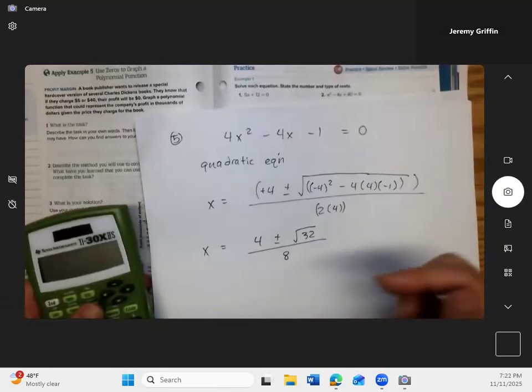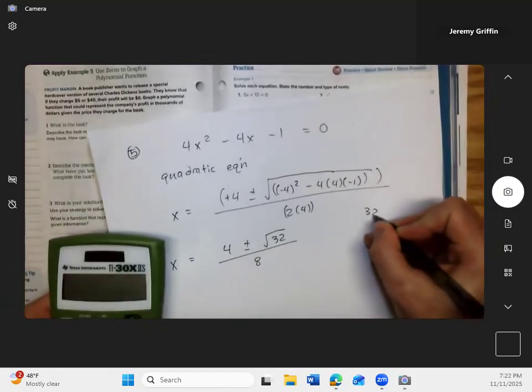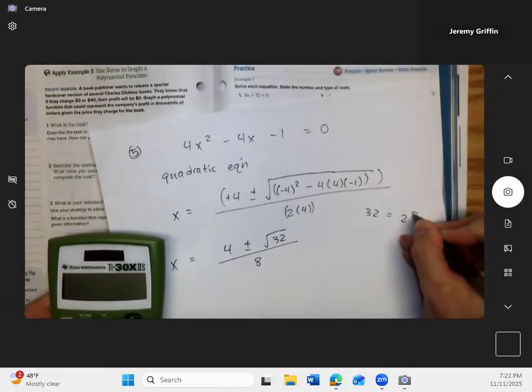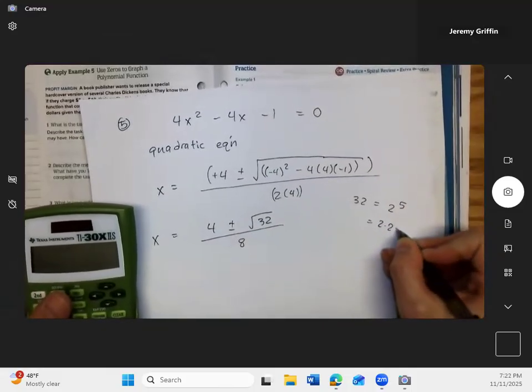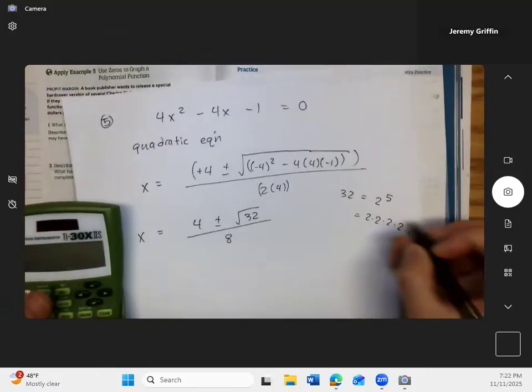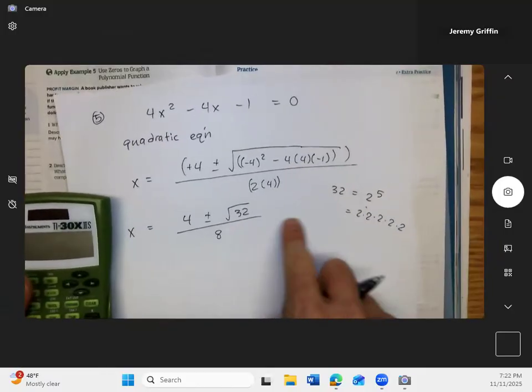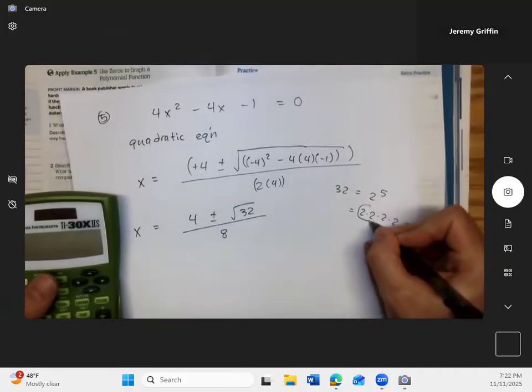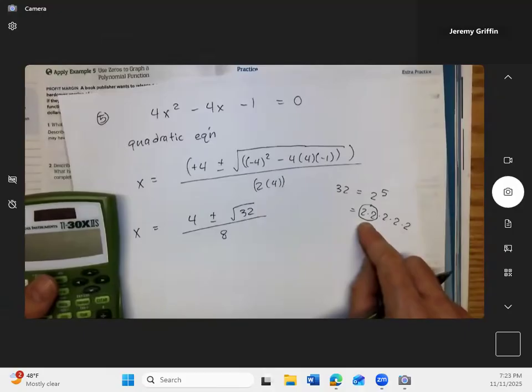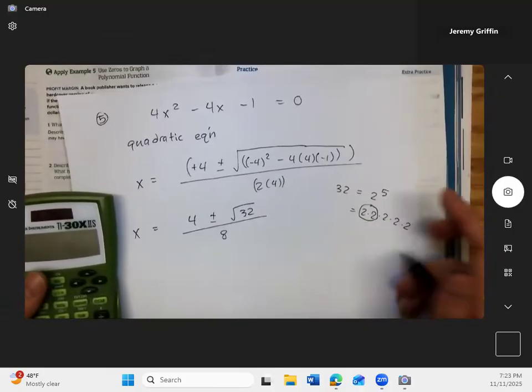Now 32 is the same thing as 2 times 2 times 2 times 2 times 2, right? Anytime you have a bunch of numbers multiplied underneath a radical, if you find a pair of numbers, you can pull that out. Like the square root of 2 times 2 is just 2, the square root of 4 is 2. That shows a pair.